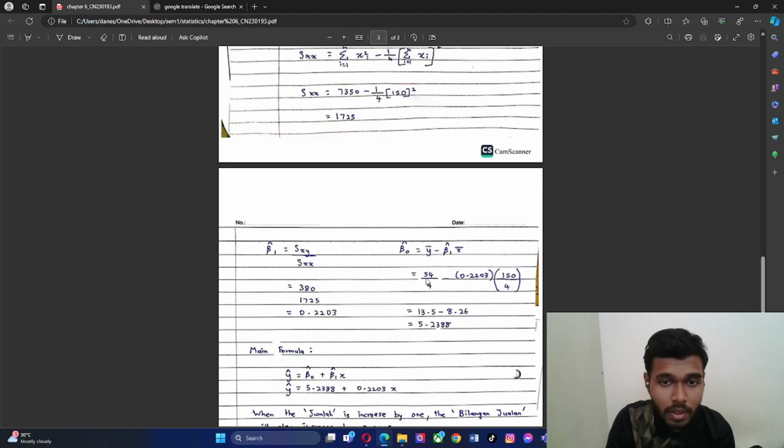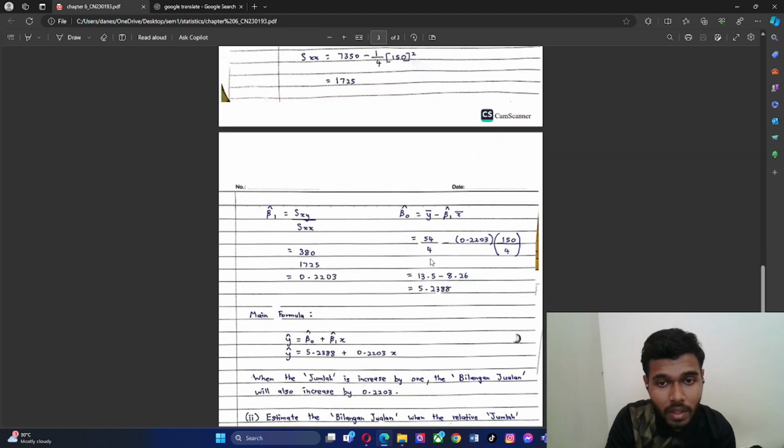Y bar is the total of the y values divided by n. The total is 54 as I mentioned before, and n is 4. Then minus the beta 1 value times x bar, where x bar is the total of x divided by n, which is 4. The final answer is 5.2388.